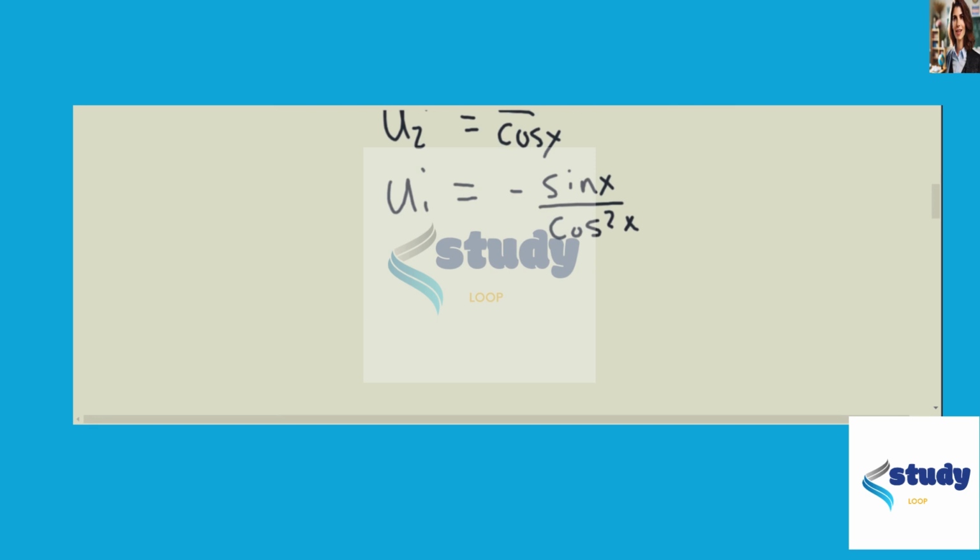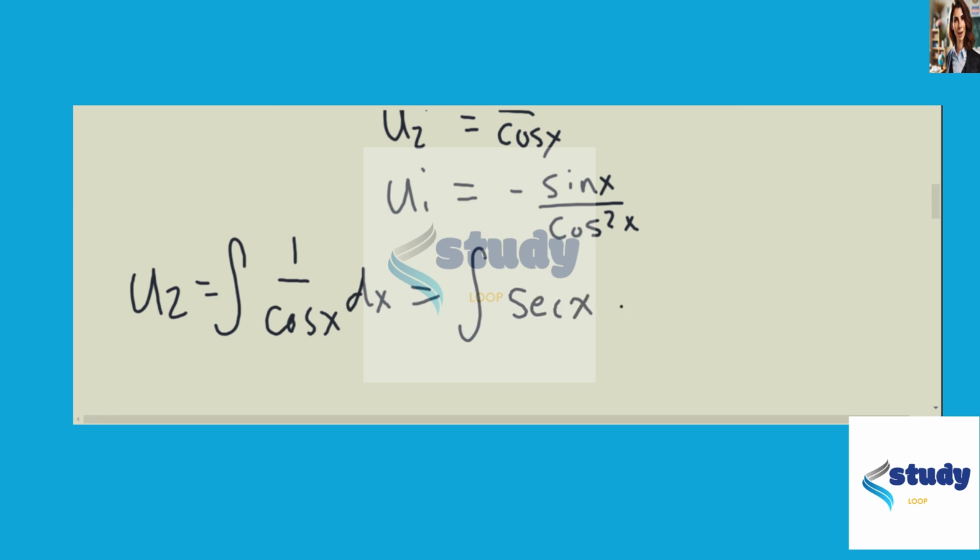So now we want to integrate these. If we integrate u2 prime, u2 is going to be equal to the integral of 1 over cosine of x, which is equal to the integral of secant of x.